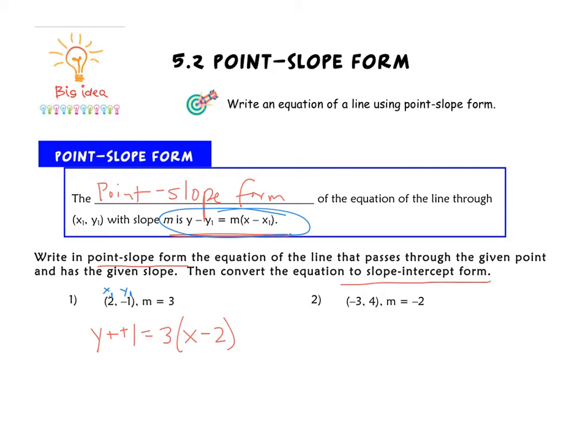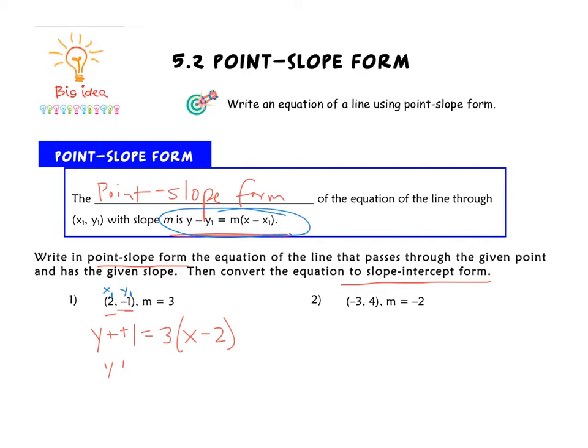Alright, now that I have that written in, a couple of things to point out. Notice that the y value came first, and it's going to be the opposite of what you see. And then the x value came second, and again it's the opposite of what you see. Then there are 2 rules in terms of putting this into slope-intercept form. Remember, the first is to distribute.